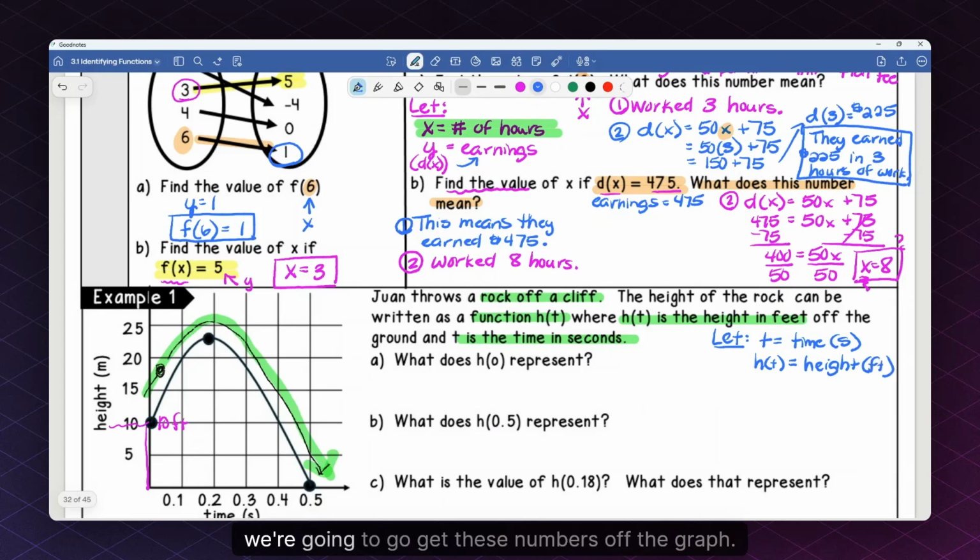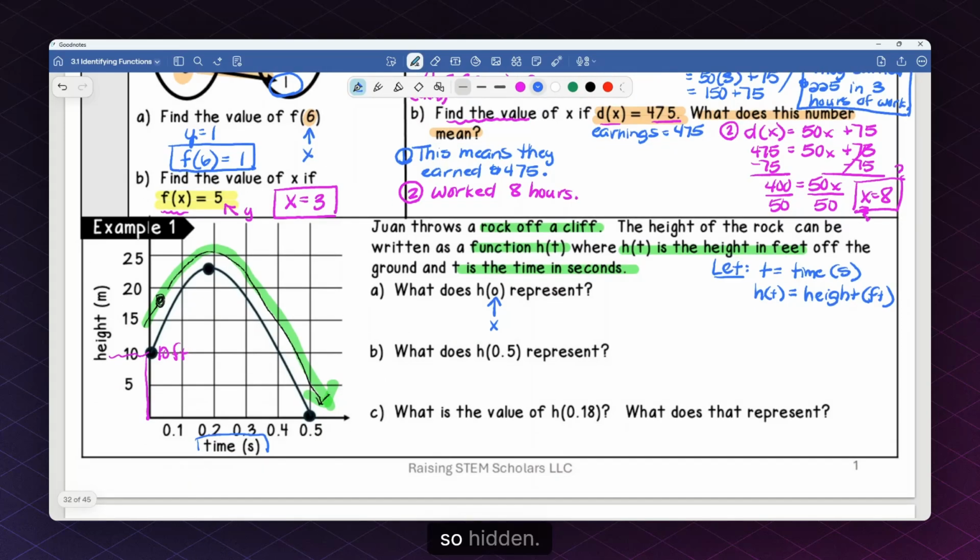Okay, we're going to go get these numbers off the graph. This here, the 0, remember, this would be like my x value. And you're like, but we didn't write x over here. That's because they gave us t. If we look down here on our x side, we see time. Let me scroll down just a little bit so it's not so hidden.